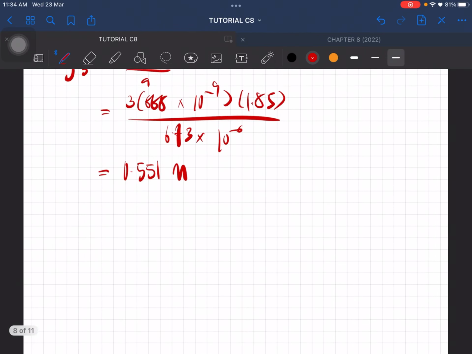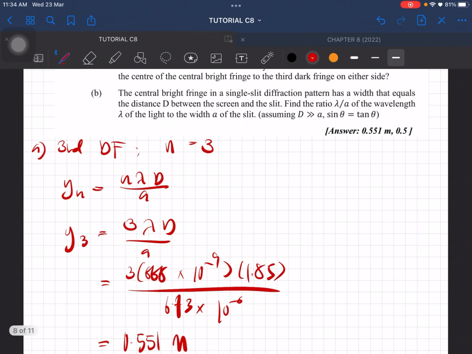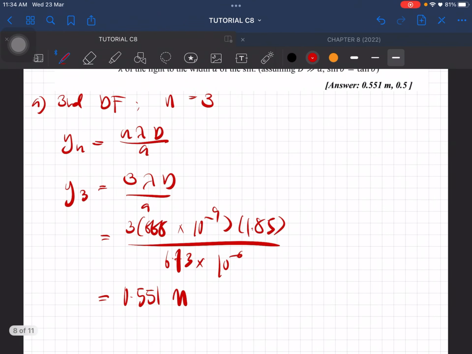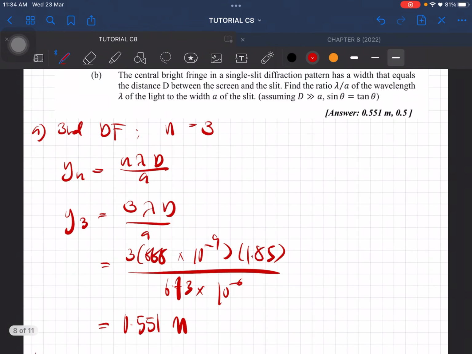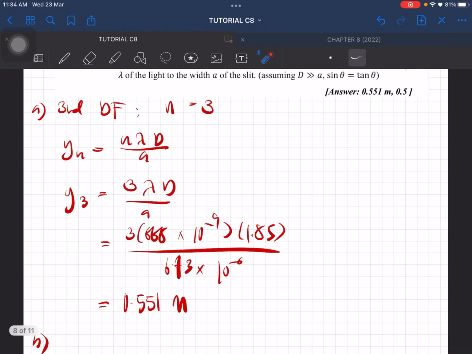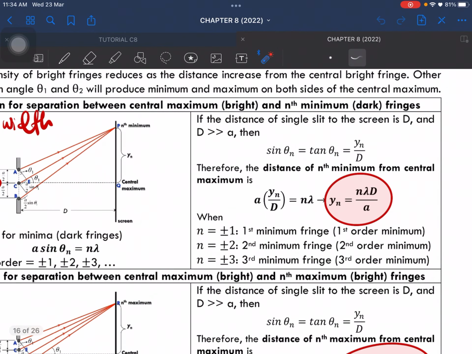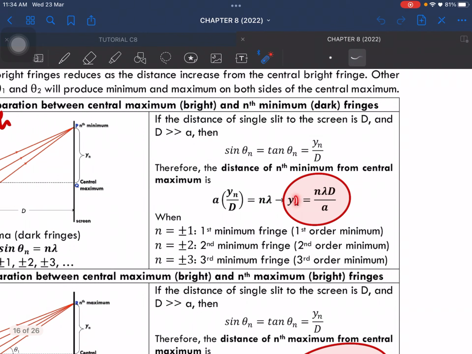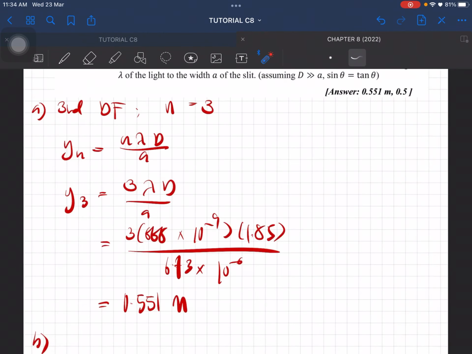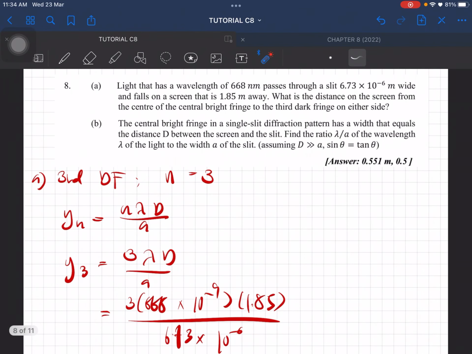Then you have to calculate question B. If you're confused, y is the distance of this minimum from the central maximum, so this is basically what question 8a is asking.